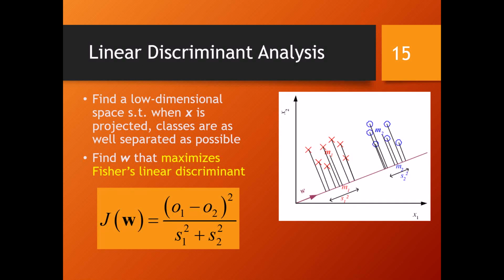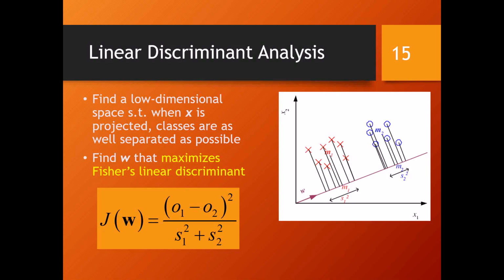What is the meaning of this feature's linear discriminant? We want O1 and O2 as far apart as possible. So we want to maximize this numerator, and we want to minimize this denominator.